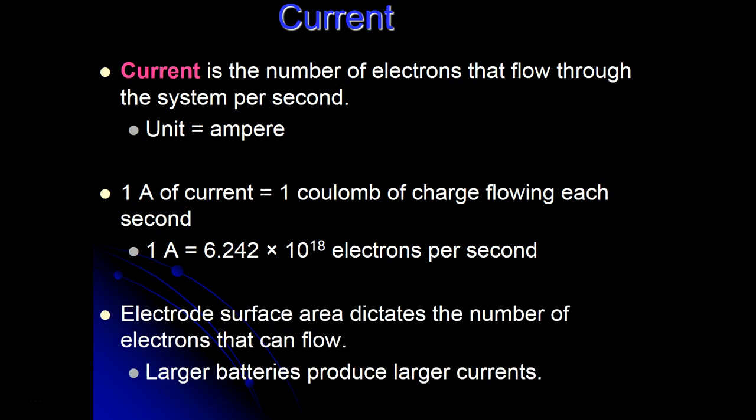An electrode's surface area is going to dictate the number of electrons that can flow. Larger batteries produce larger currents. You know this. Small stuff takes small batteries, big stuff takes big batteries. And sometimes, if you're unlucky, have you ever bought something that takes like 19 AA batteries?